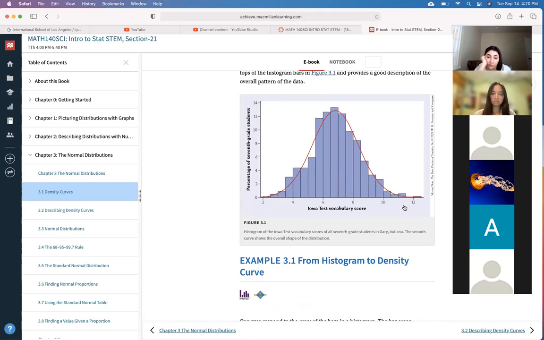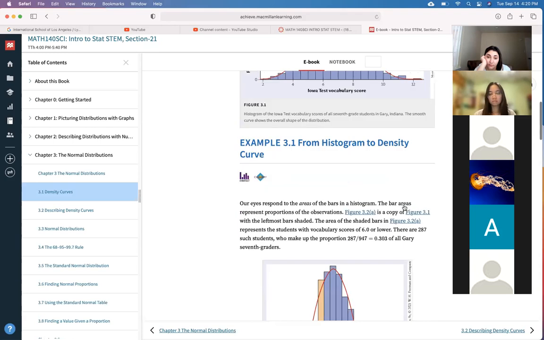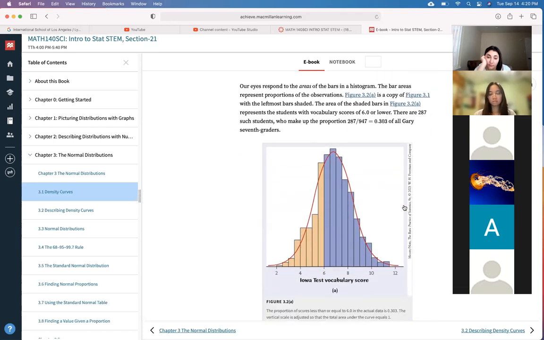This is not a new concept. We've talked about this before. The rectangles have to add to 1, but my curve that I draw through them might not have an area underneath it equal to 1. But one of the 2 conditions necessary to be a valid density curve, as we're going to see in a few minutes, is that the total area under the curve has to equal 1. So this one was adjusted a little bit just to make sure of that. That is one of the 2 conditions to be a density curve.